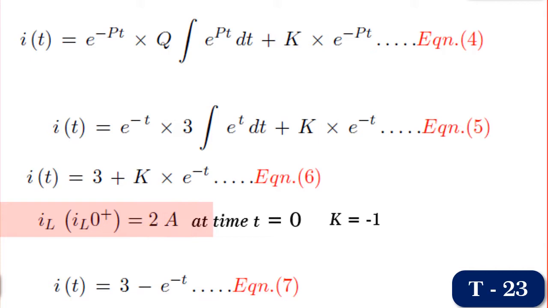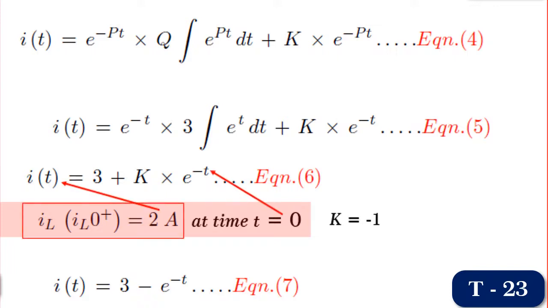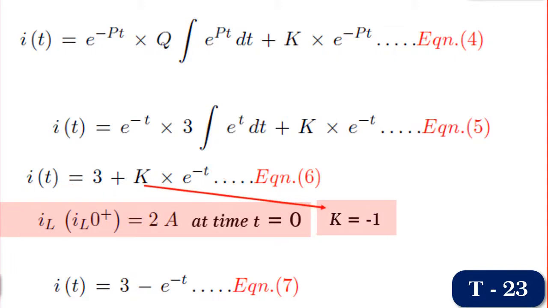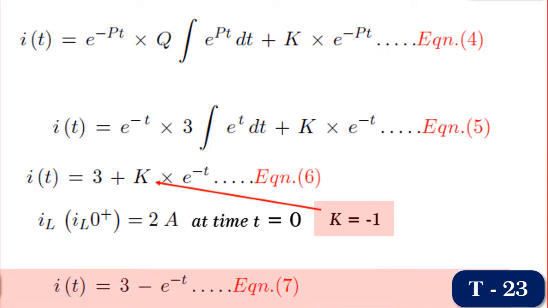But we know that I of 0 is equal to 2 amperes at time t is equal to 0. Hence, by substituting these values in equation 6, we get k is equal to minus 1. Therefore, by putting this value of k in equation 6, we get I of t is equal to 3 minus e to the power of minus t. Let it be equation 7, and this is the complete solution for I of t.